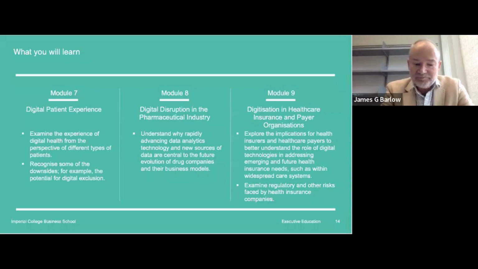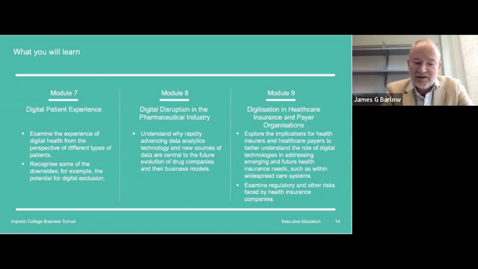Okay, so that's all very interesting, but what does it mean for you and me as patients, or somebody with a patient in their family? So we have to think about the digital patient experience. So that's what Module 7 is all about. And patients are hugely varied, of course.